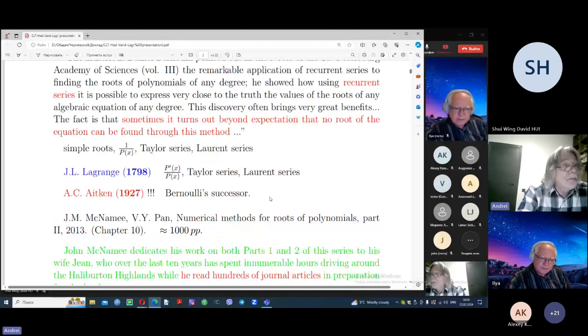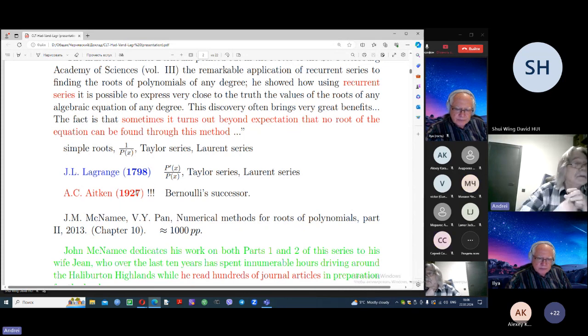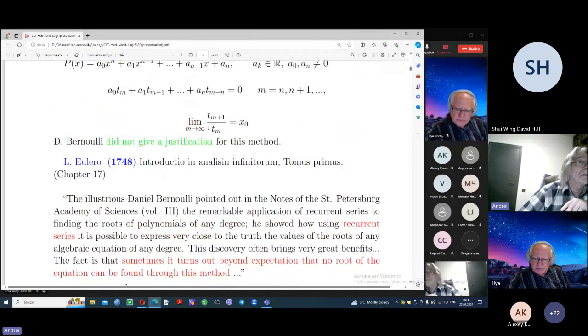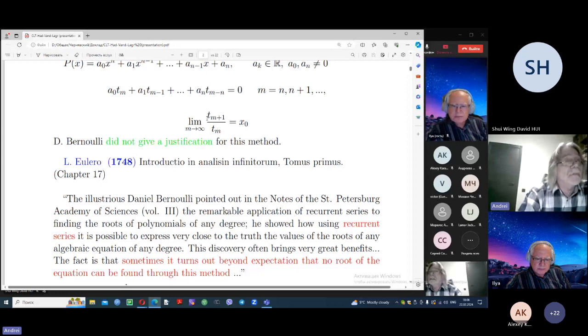The breakthrough in this direction was obtained by Aitken in 1927. What did Aitken do? He considered not simply these terms, but certain determinants built by means of these terms.